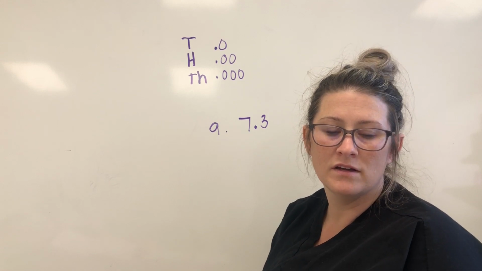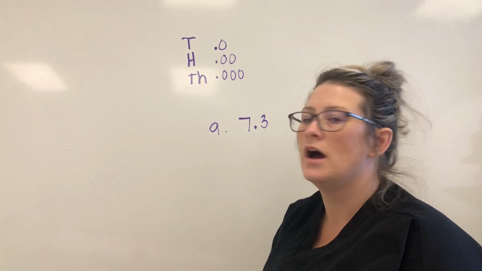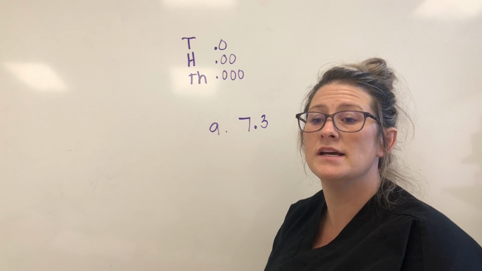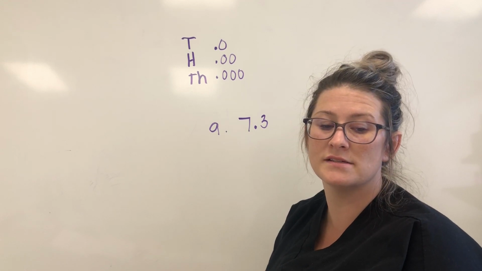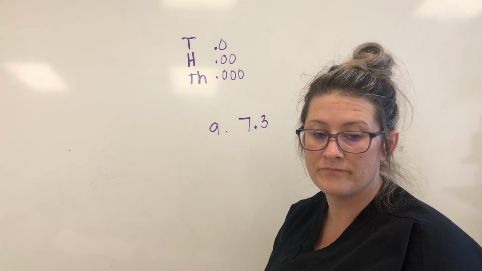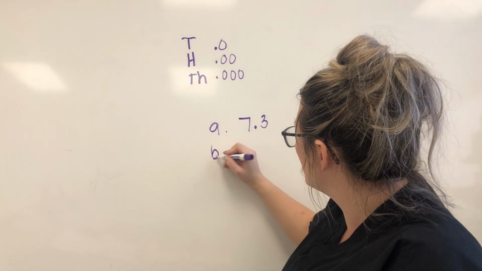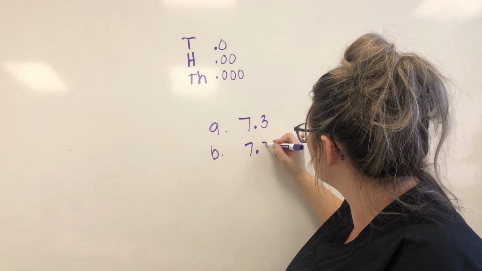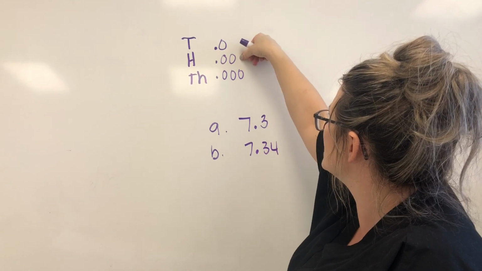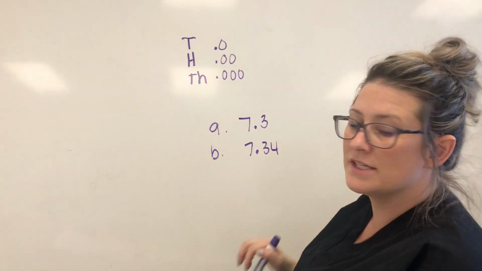B, 7 and 34/100. I want you to try and write it. 7 and 34/100. This is what you should have. 7.34, because hundredths has 2 after the decimal.